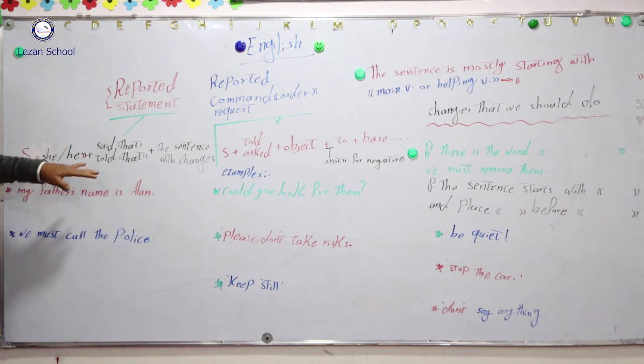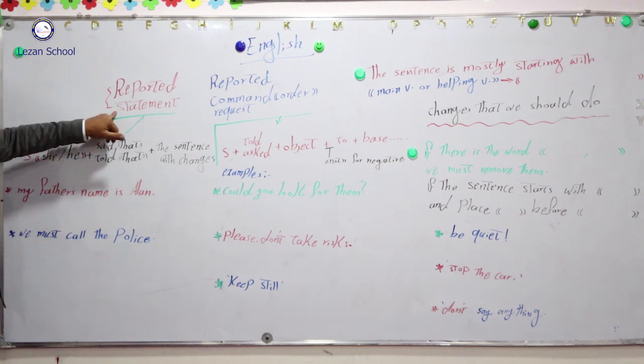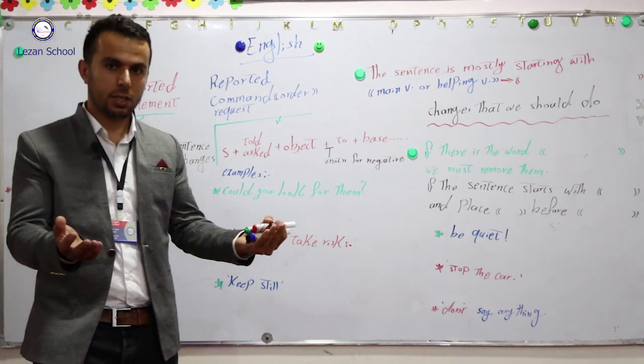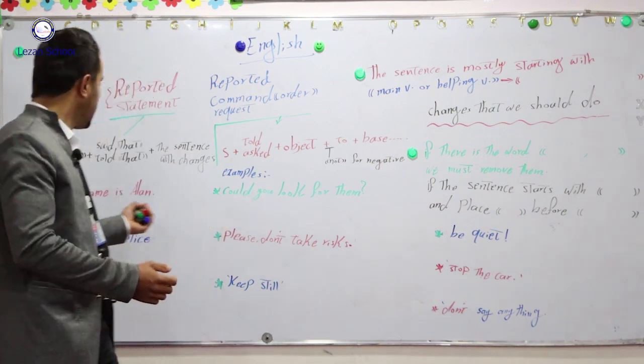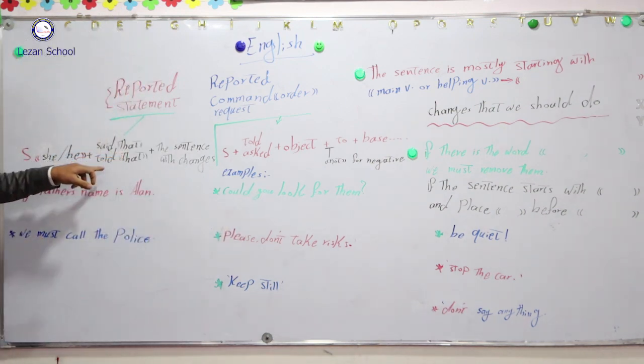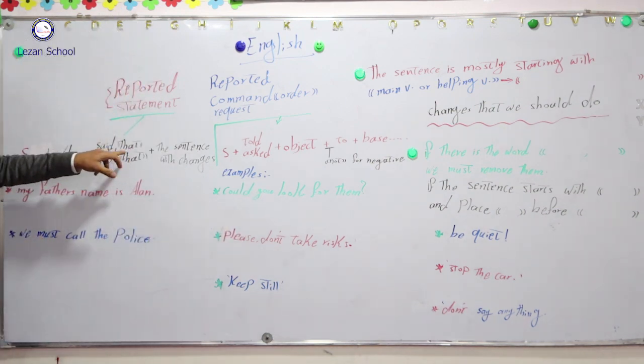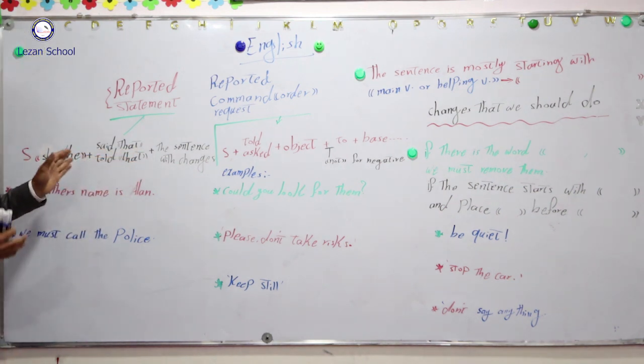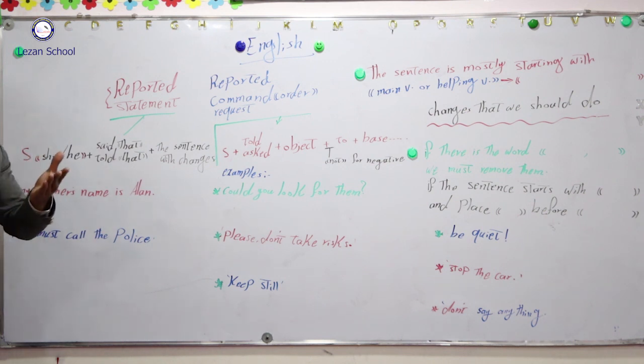Here is the rule for the reported statement. The rule is subject, that it could be she or he, and said that, told that. I put this "that" between two brackets, which is optional. We can use it or erase it from the sentence. It's up to you.